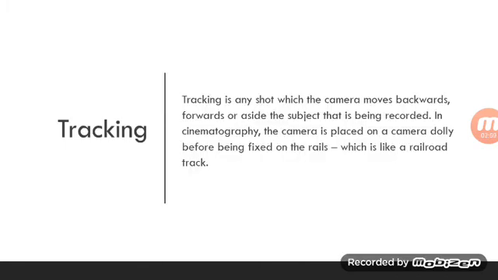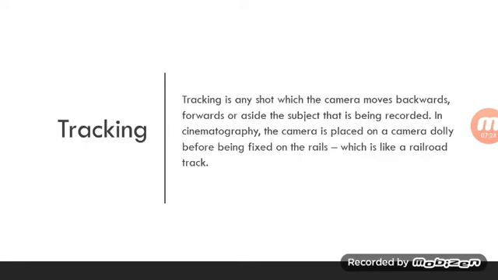Tracking is any shot in which a camera moves backwards or forwards or alongside the subject that's being recorded. In cinematography, the camera is placed on a camera dolly, as I mentioned earlier, before being fixed on the rails, which is like a railroad track.